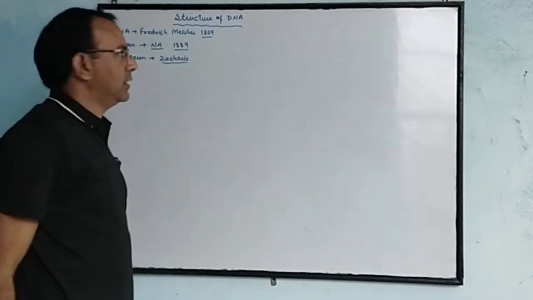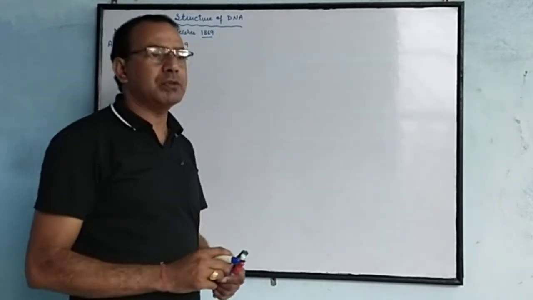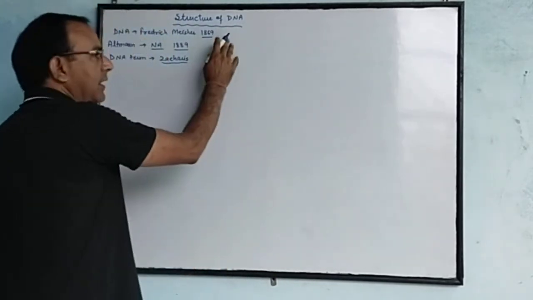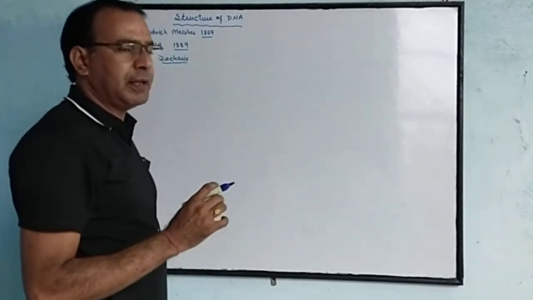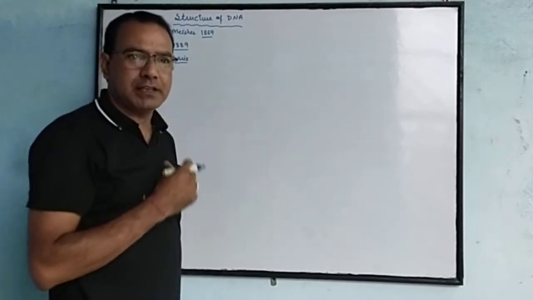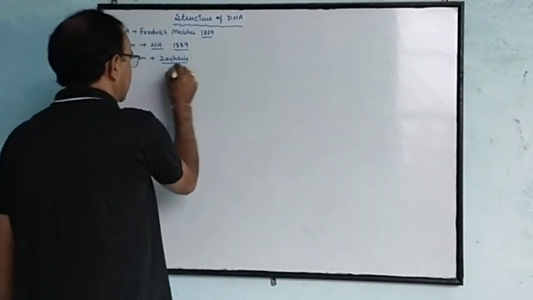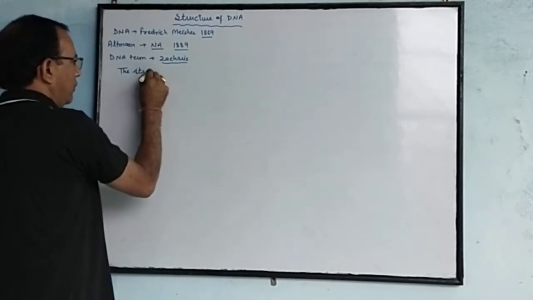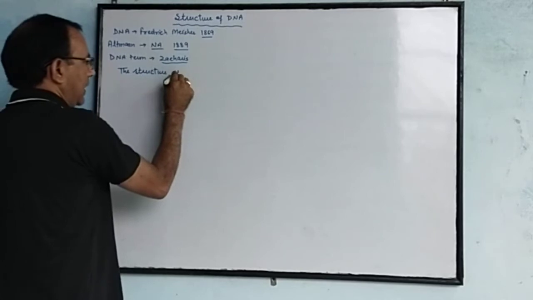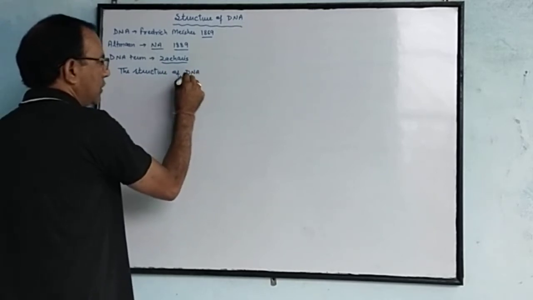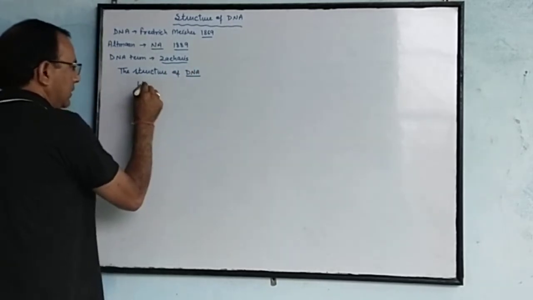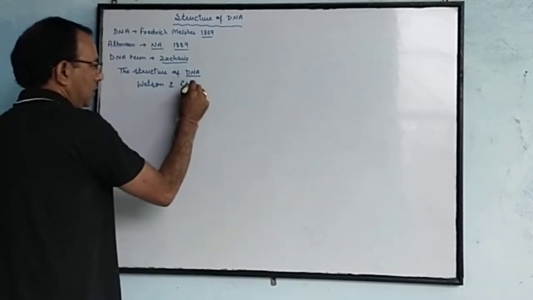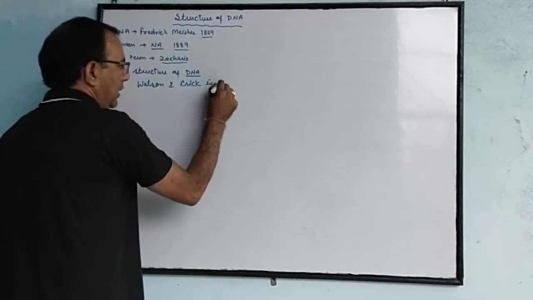In this part we will study the structure of DNA, how DNA is present in the cell. The DNA structure was proposed by J.D. Watson and Crick in 1953.